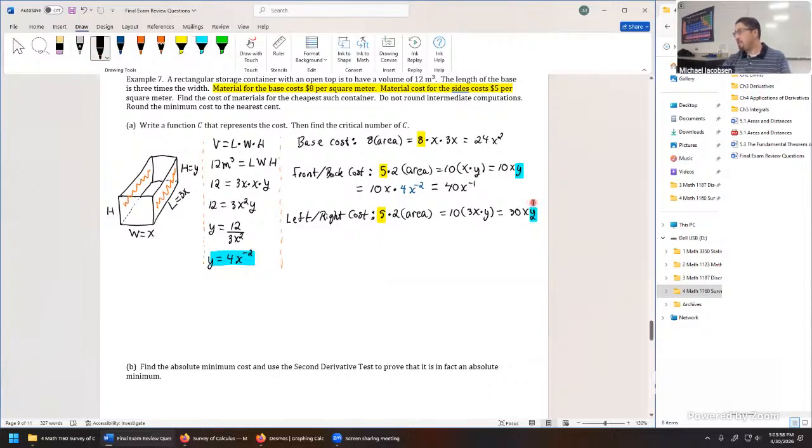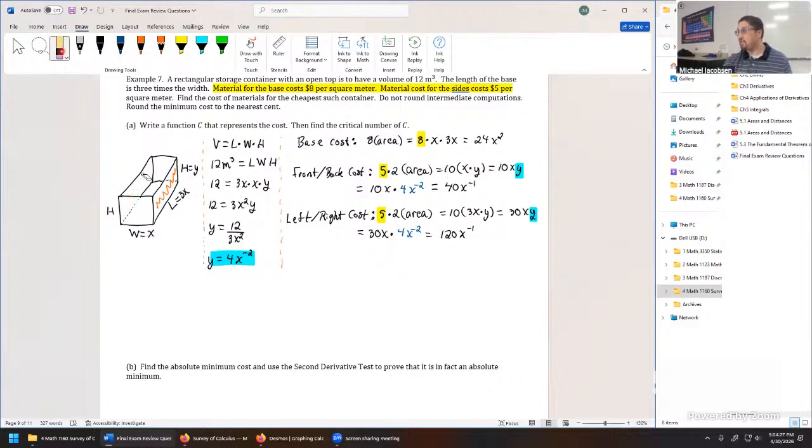So we go back here and say that this is equal to 30x times substitution in for y, once again, 4x power negative 2. So that will give us 30 times 4, so 120x power negative 1.